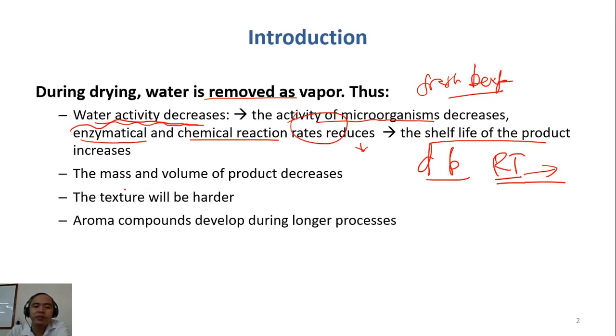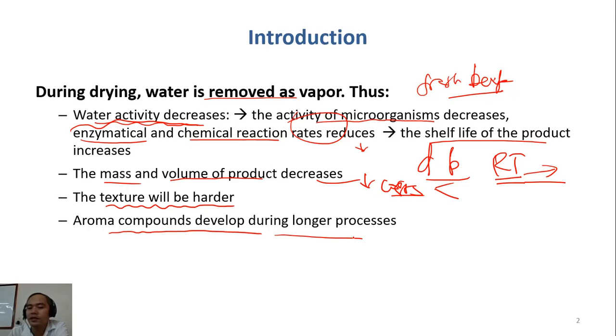When we do drying, of course, we reduce the mass and the volume of the products, which means that we reduce the cost for transportation and for storage. Normally, drying will make harder textures of the products, and some aroma components also develop during a long drying process, and this will improve sensorial quality.